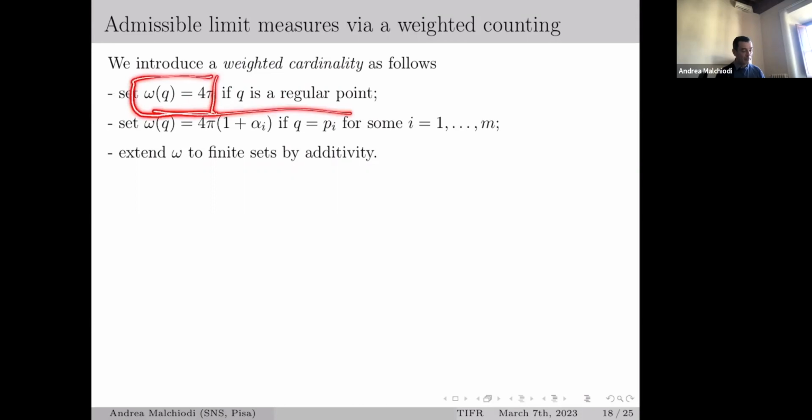Okay, and if instead you have a singular point with conical angle theta equal to 2 pi times 1 plus alpha, then I say that the weight is 4 pi times 1 plus alpha. And then I extend this counting to finite sets by additivity. So I take any finite set on the surface. It will be a union of regular points and singular points, and I count them one by one with this weighted counting.